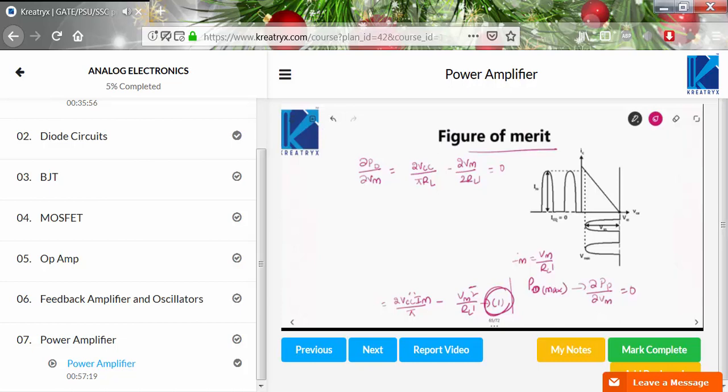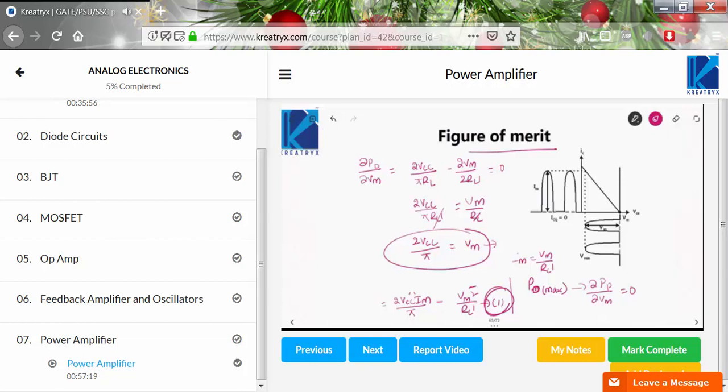Then 2 VCC by pi into RL dash equals VM by RL dash. Here RL dash cancels. Then 2 VCC by pi is equal to VM. Now substitute this VM value in the PD expression, then it will give the maximum value.